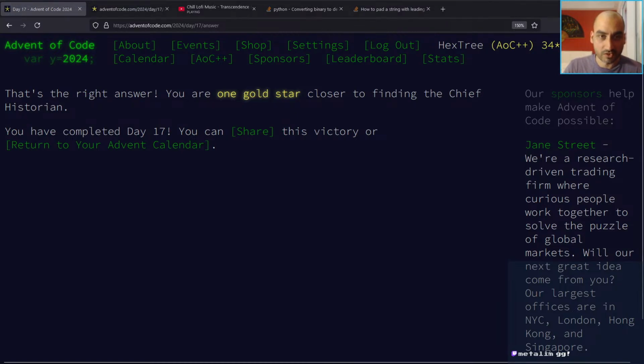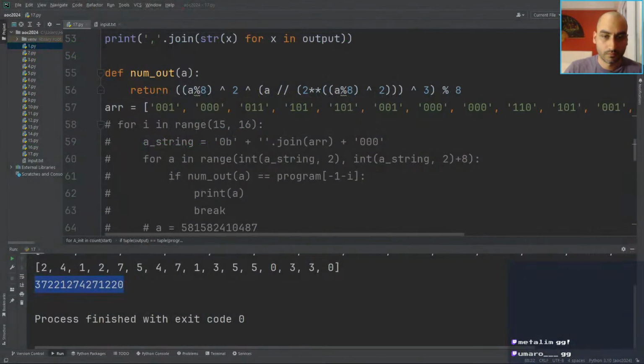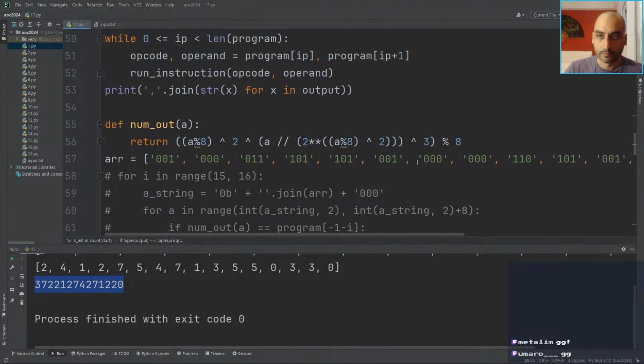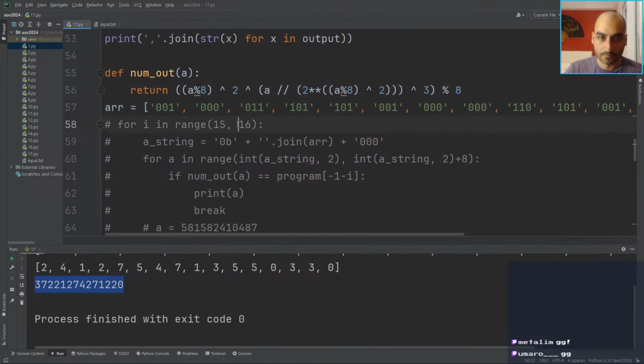Now I know there's gonna be some far easier way of doing this, but I was just so stubborn on continuing that manual process. It's basically backtracking, so you go back a step and go to the next viable thing and so on.